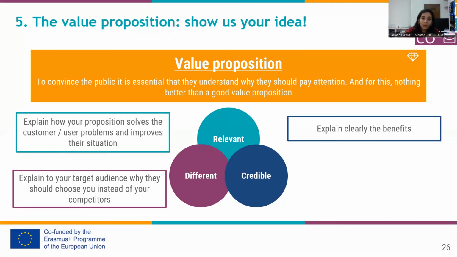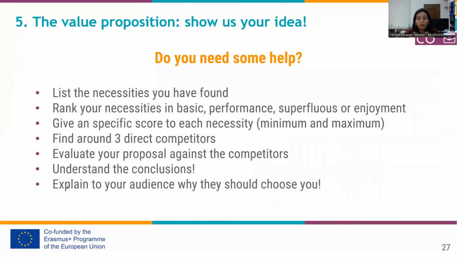If you need some help defining the value proposition, maybe you can follow this process. This process starts from listing all the necessities that you have found. Remember the problem, the research, and the design phase. You are going to list all the necessities that you have found in your customer, and then you are going to rank your necessities in basic necessities. That means that they are necessities that you need to meet necessarily.